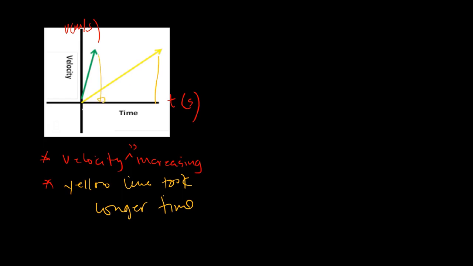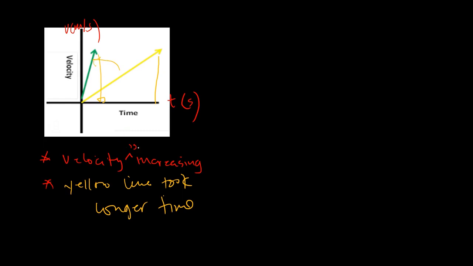But the yellow line here took longer time, because, as you can see, in terms of time, the velocity is slower than the velocity of the green line.